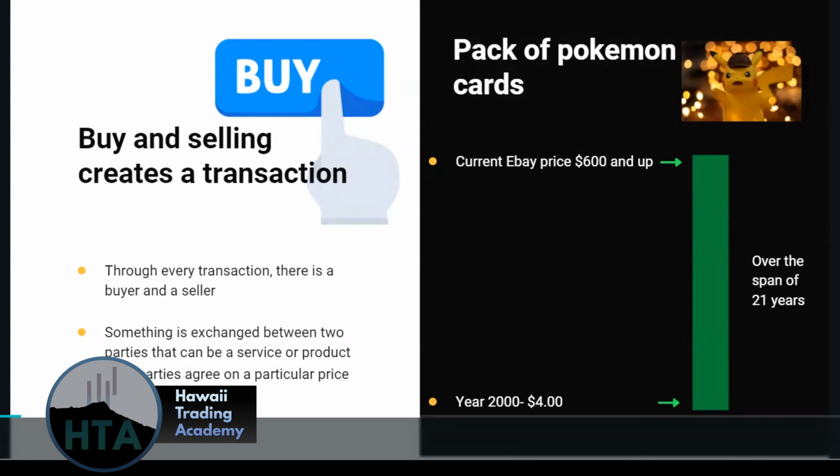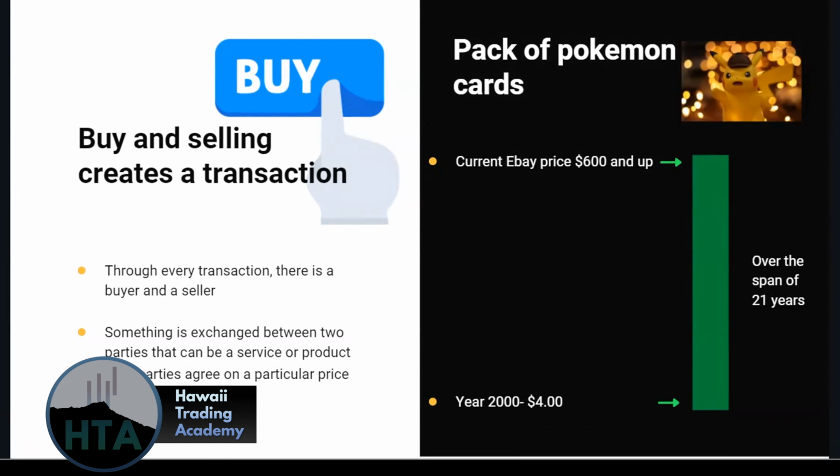Anything can be exchanged between two parties, whether a service or a product. Like when you go to a store and purchase groceries, you're exchanging your money for an item, a carton of milk, some eggs, some poke, whatever it may be. The exchange is completed when both parties agree on a particular price for that exchange.